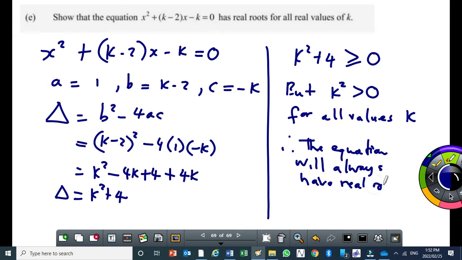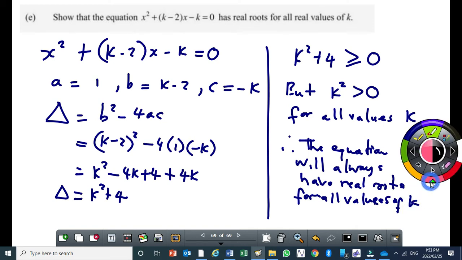You want to add for all values of k. And please take note, this is important. As long as we have got that k squared being greater than 0, then we'll get real roots.